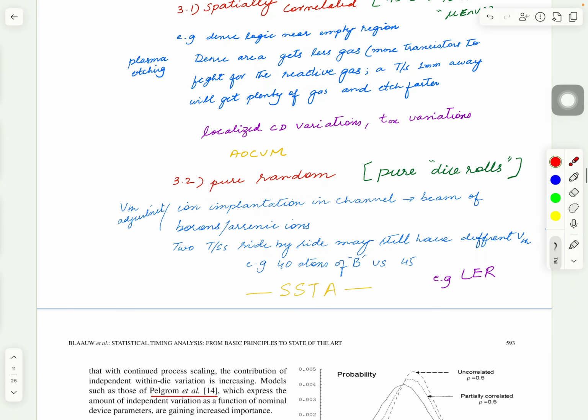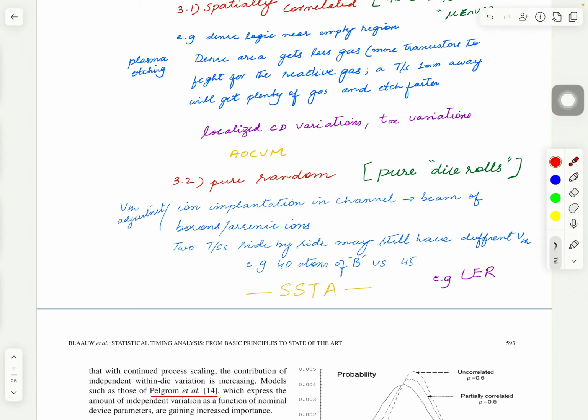This is pure dice rolls. You don't know, at least at the moment you don't know, because think of ion implantation, where you are trying to change the behavior of the channel and adjust the threshold voltage.